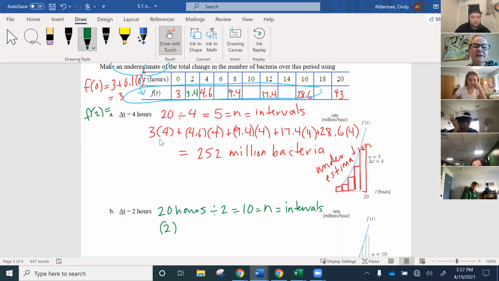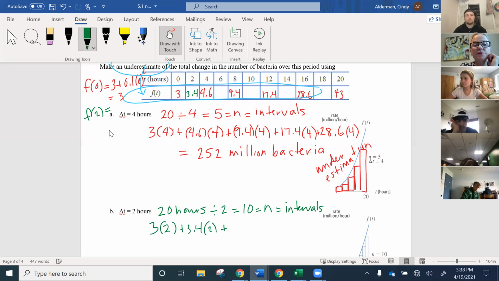Well, it's the same thing that we did up here, right? We're using these two rates, but we were going from 0 to 4. Now we're going from 0 to 2, and then 2 to 4, and then 4 to 6. So we're going to have more information here, right? So you'd start out with a 3, again, times 2, plus the next rate that we have 2 hours later, which is 3.4 times 2.